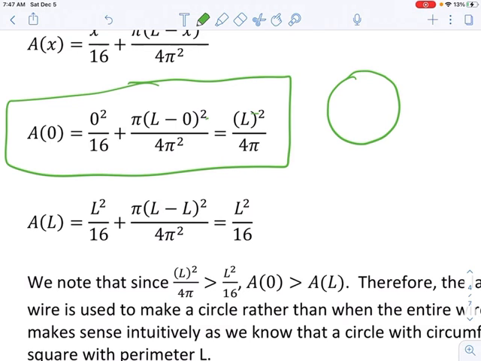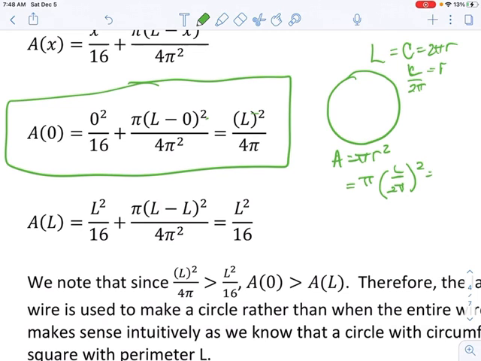So remember that the area of a circle is pi r squared. And if L is the line, we have L equal to the circumference, which is 2 pi r, which means that r is equal to the circumference, L, divided by 2 pi. So the area is pi times r squared, which was L over 2 pi squared.